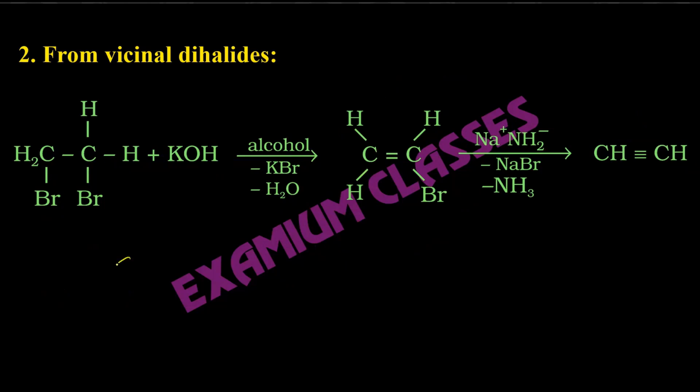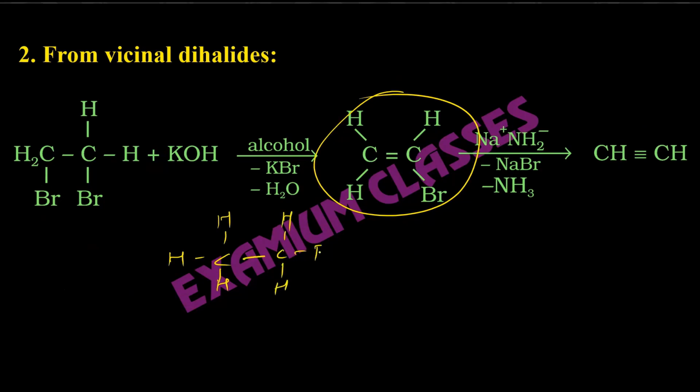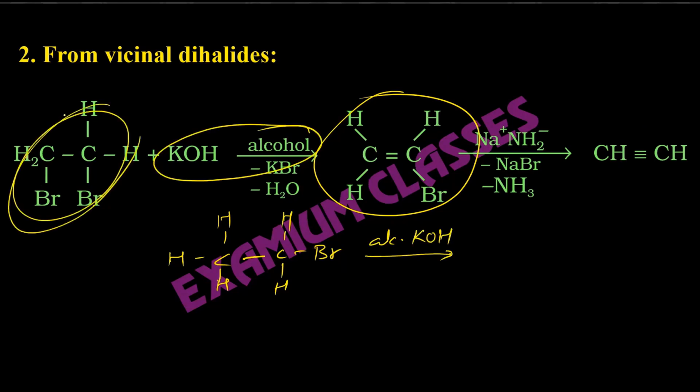So I'm repeating it. If in place of this one it is CH3, single bond, obviously, CH2Br, from here I can do dehydrohalogenation by alcoholic KOH as I did here, because here I had a single bond.